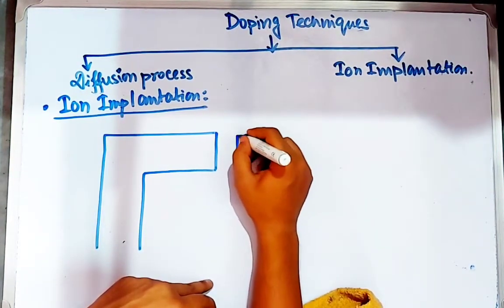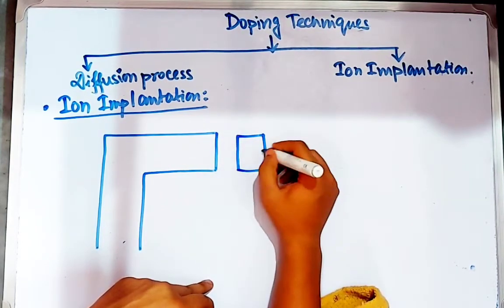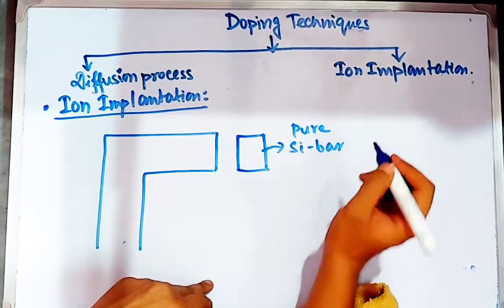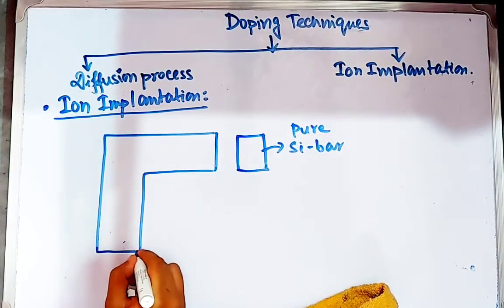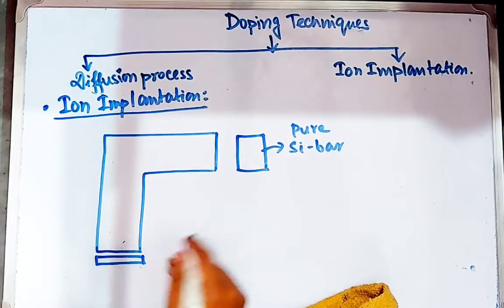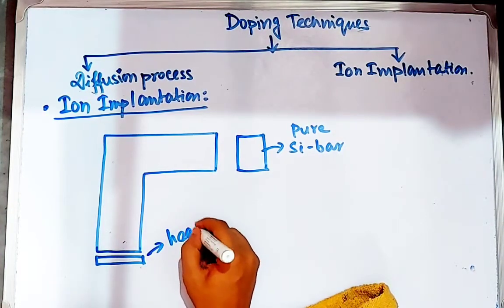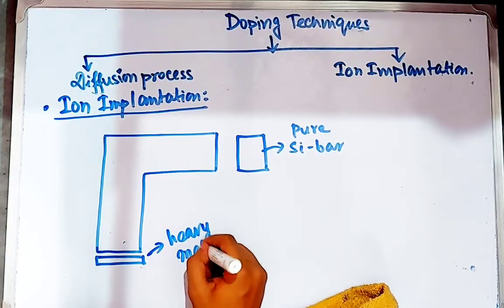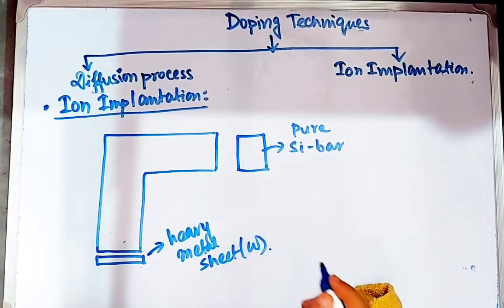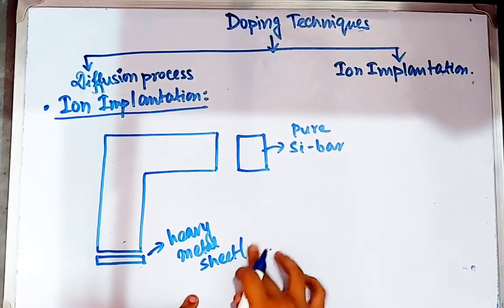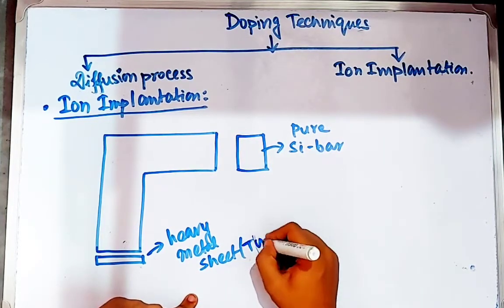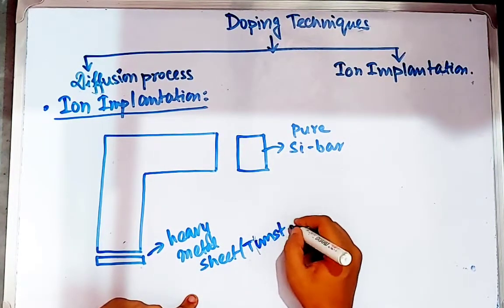In front of this opening we put the silicon bar, the pure silicon bar, and in front of this we put a heavy metal sheet. Heavy metal sheet like tungsten, W.